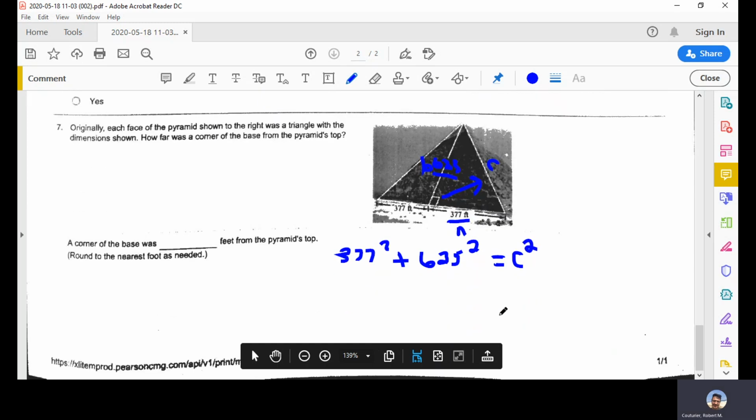And then you go from there. Do the math with a calculator, add them together. Take the square root of both sides, and you'll have how long that C length is.